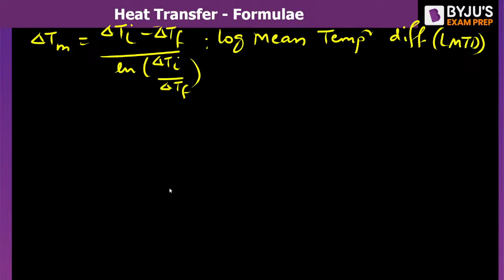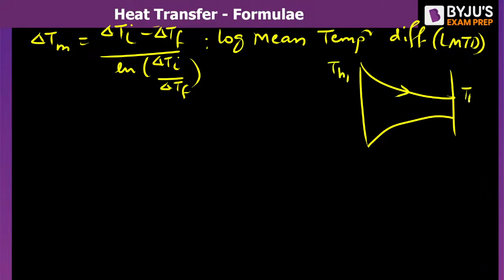For parallel flow heat exchanger, these formulas should be remembered. If it is parallel flow heat exchanger, this is how the temperature curve is. This is TH1, TH2, TC1, TC2. That is parallel flow. This is delta Ti and this is delta Tf.